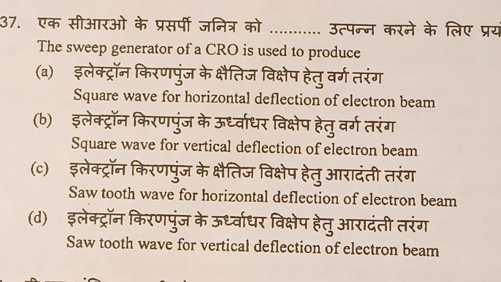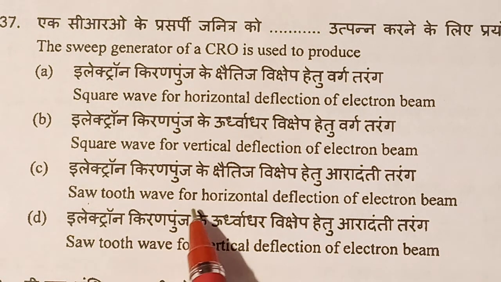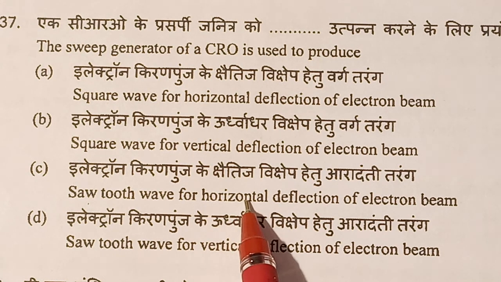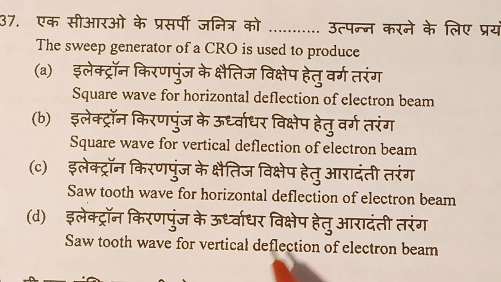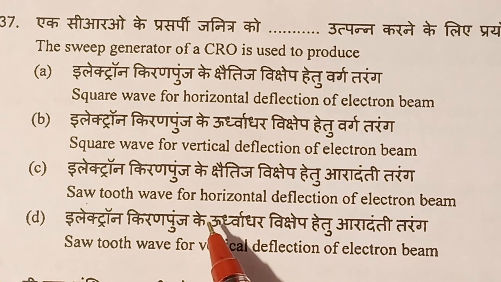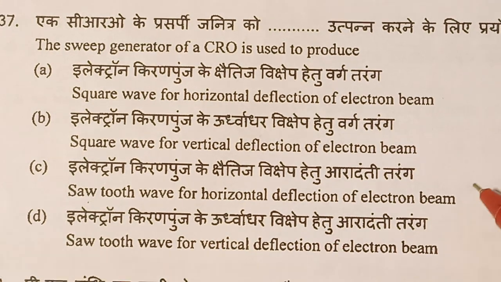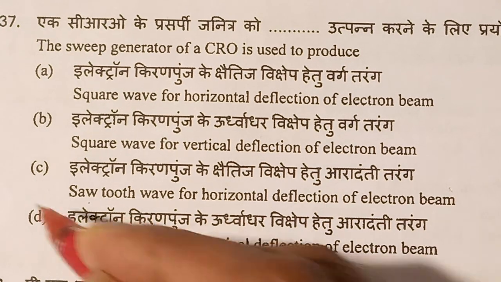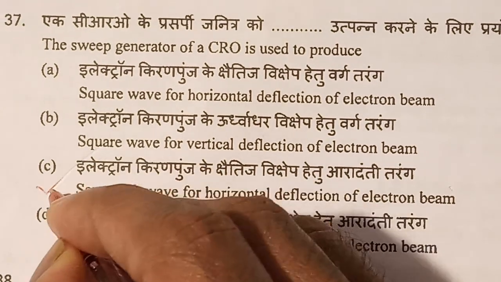The answer is, in a CRO, the sweep is for the horizontal section. We apply the signal to the Y plates, but the horizontal plates get the sweep. That is the time scale. So the answer is option C, sawtooth wave for horizontal deflection of electron beam.